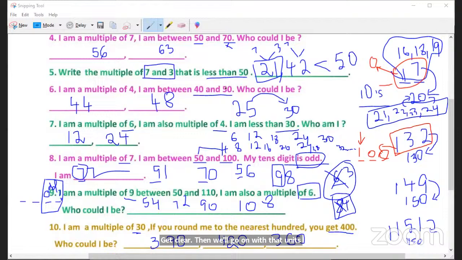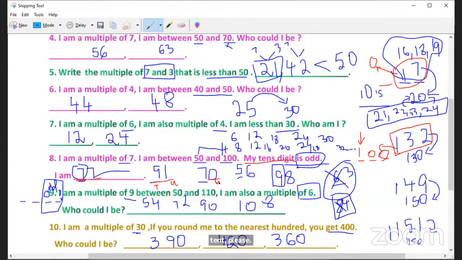Okay, so I hope you're able to see the eighth question, the multiple of 7 between 50 and 100. Some had a doubt on it. So now I hope you understand what is called my tens place. So my tens place is odd. So this is unit place, this is tens place. This is unit place and this is tens place.